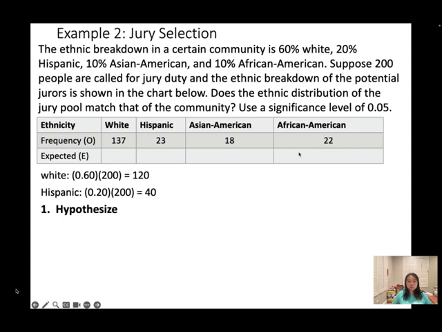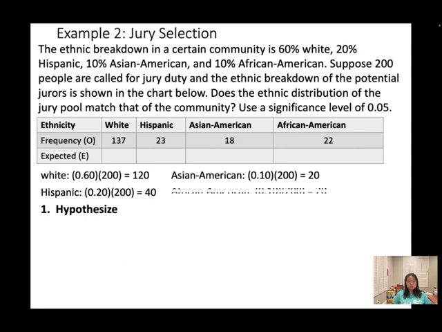I want you to finish these two also. You should get Asian American equal to 20, African American equal to 20. Write it down here.